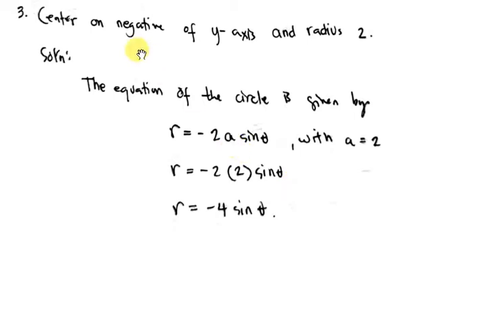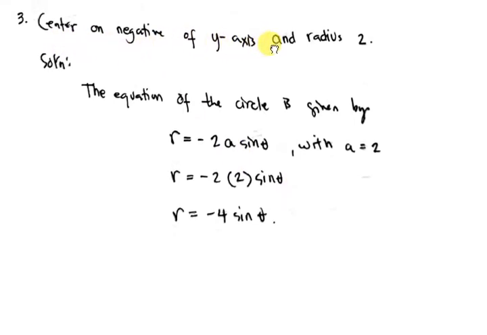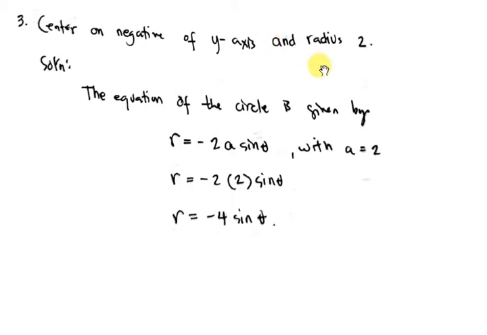Okay, next, center on the negative y-axis and radius is 2. So it means that this is the a. Then the equation of the circle is given by the formula from our given.